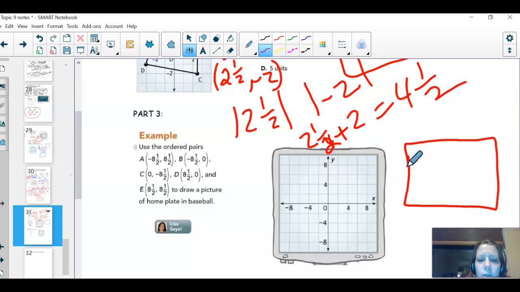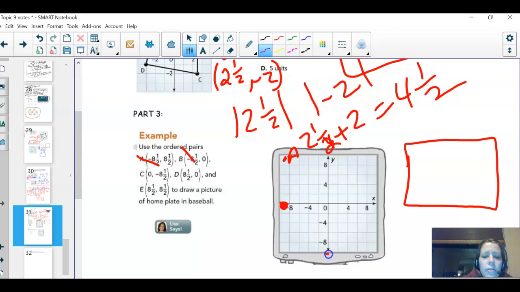Okay, so let's see how you did. A, negative 8.5, 8.5. So you should have had a point up here. B, negative 8.5 again, 0. So that's on the line, because it's 0 up and down. C, I'm not going to the left or the right, because it's 0.